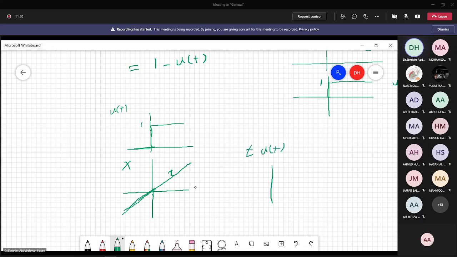And t u of t means that here I have 0 multiplied by anything, it becomes 0 here. Here we have a 1 multiplied by t, so then I will get the same thing, a line with a slope equal to 1. T u of t, which is this one, we call it ramp of t, ramp function.